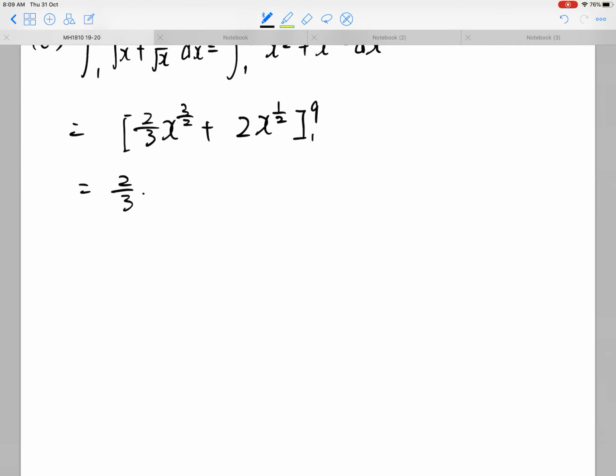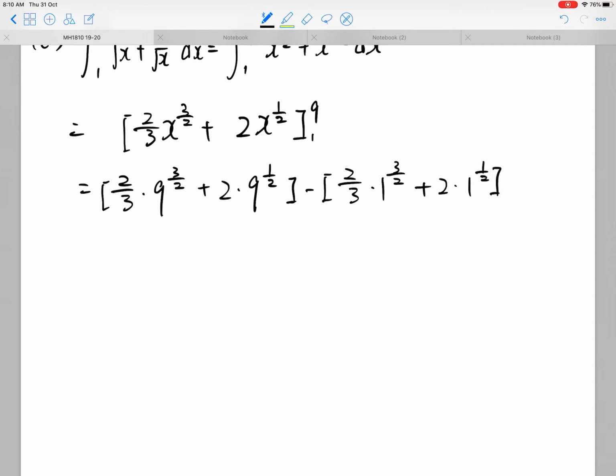So it's 2 over 3 times this, minus 2 over 3 times 1 to the power of 3 over 2 plus 2 times 1 to the power of half. So this part is 2 over 3 times 27. Right.